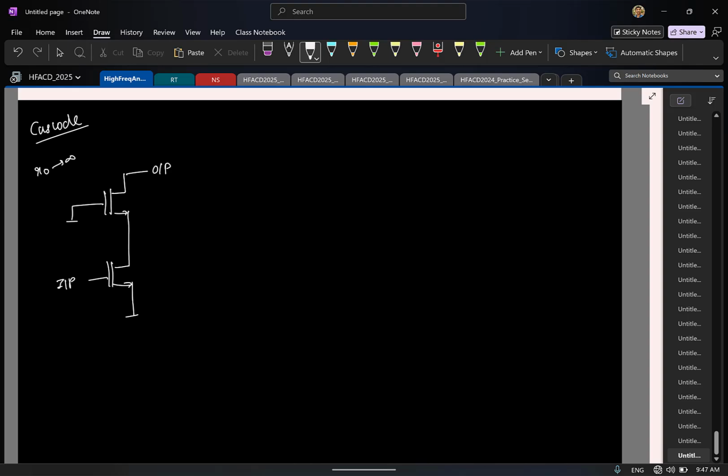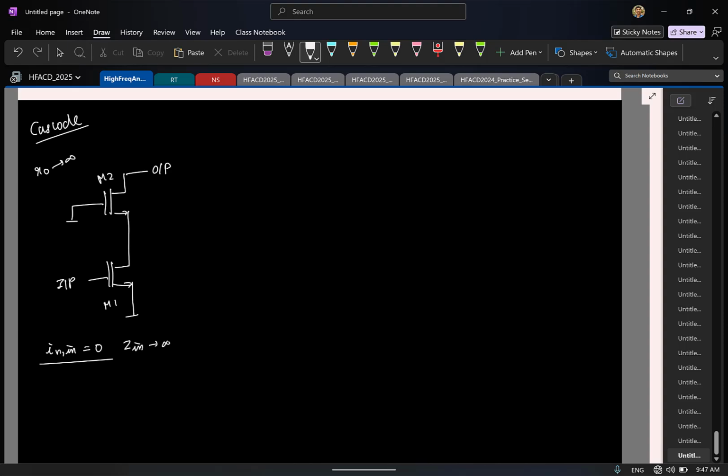Now let's try to write things directly. I have two MOSFETs, M1, M2. First of all, do I need both voltage and current here, or only voltage is sufficient? Input impedance is infinity, so I can straight away write the current is 0, right?